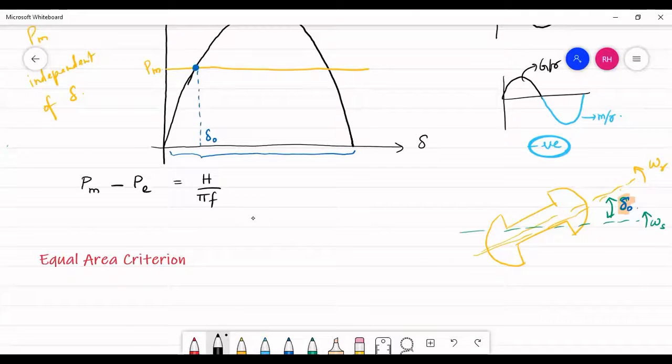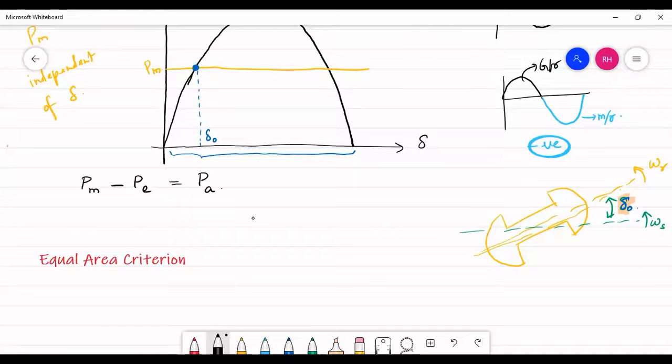H, pi and f are all constants, so Pm minus Pe is proportional to d square delta by dt square, the squared rate of change of delta, which is acceleration. So I generally write Pm minus Pe as the accelerating power.